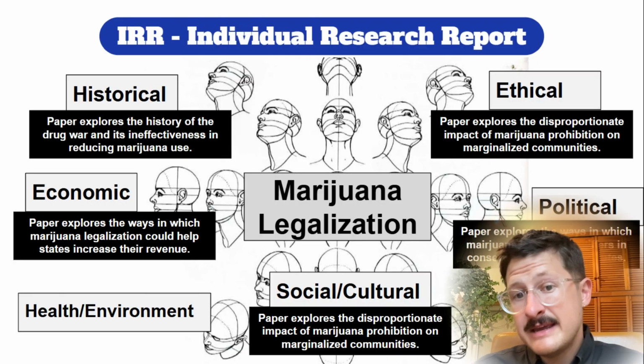Here you can see all of these topics are still centered in the group's topic of marijuana legalization, but each of you has now gone off in your own discipline, your own lens, to provide a unique perspective that you can now bring back to your group and put together this presentation. The argument really lies in the presentation part, not so much the individual research report, right?